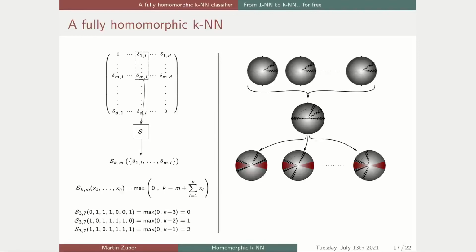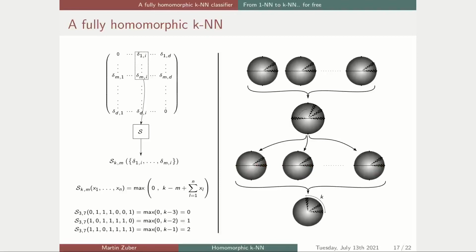And how we're going to compute this scoring operation in the encrypted domain is just sum all of our deltas and then apply a different set of rotations in order to select 1, then 2, then 3, etc., with the maximum being k maximum values every time, and then sum the results into something which is going to be between k and 0 and is going to be the score of our subset of deltas.